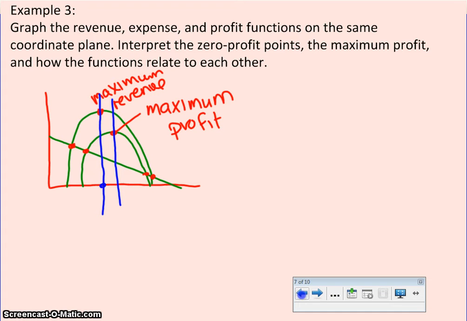And you can see that we're at different price points. Now, if you look back to our previous lessons, it actually makes sense because our maximum revenue had us selling this unit at $30 a piece, whereas for maximum profit, it was being sold at $33.50 a piece.